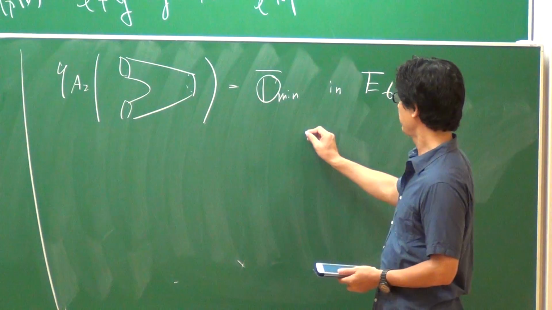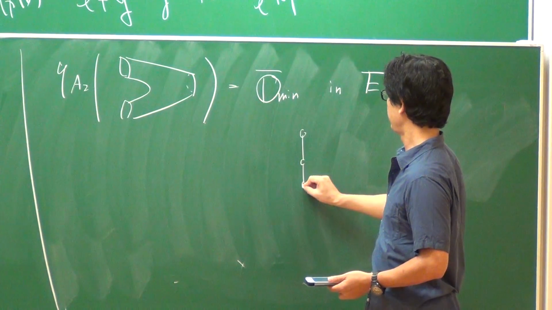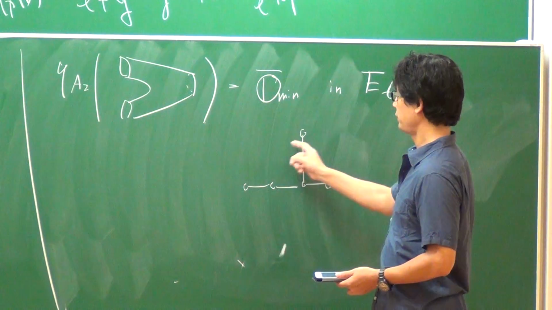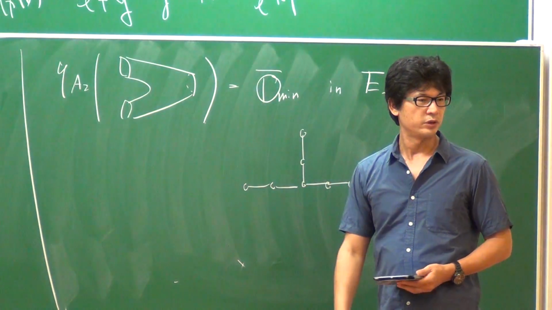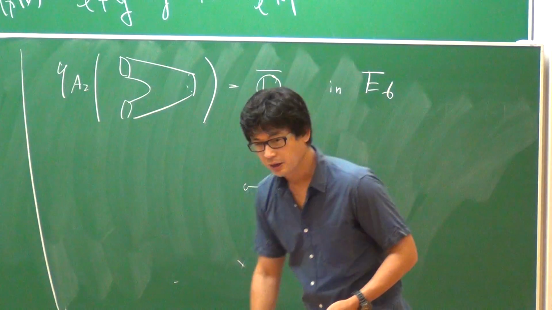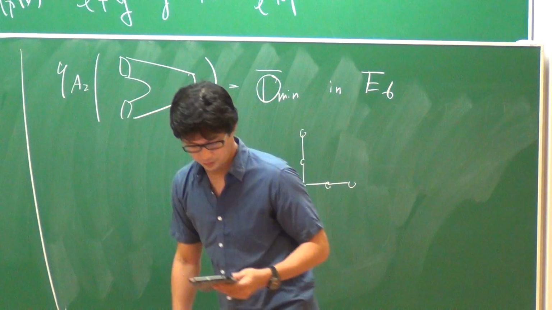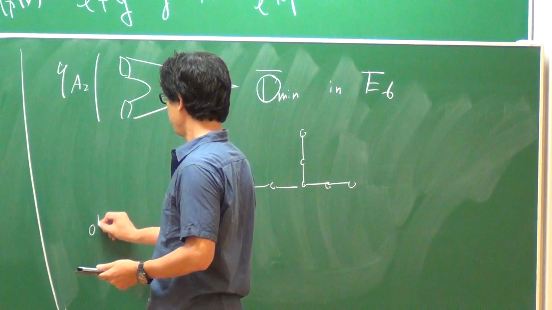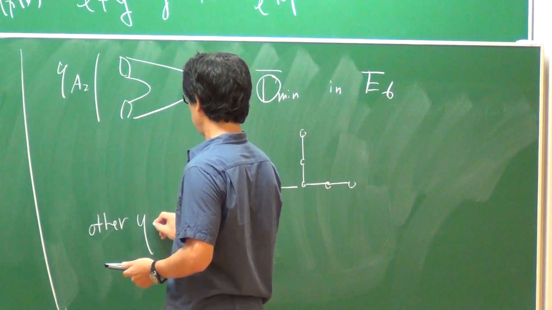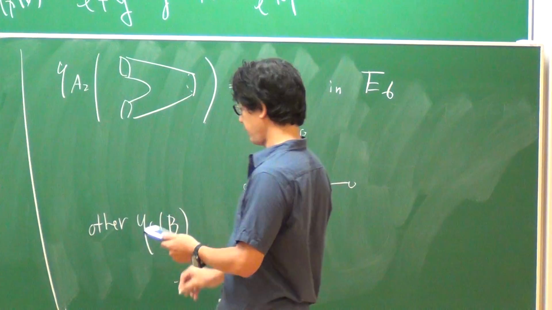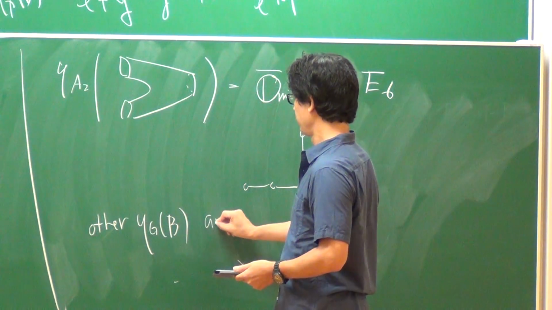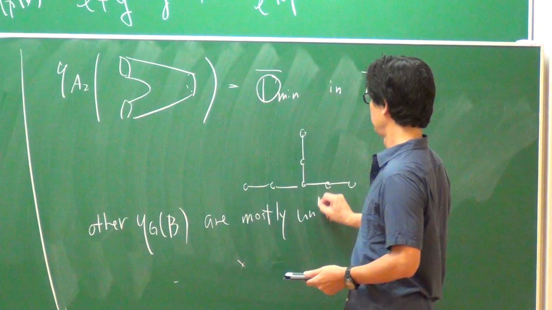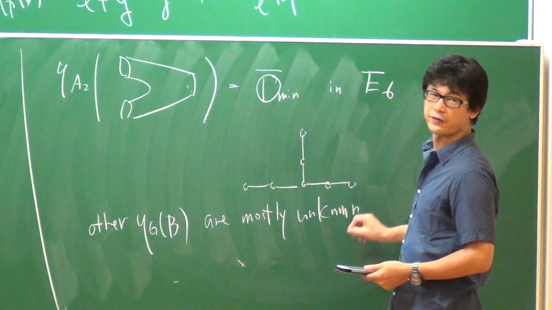Because if you write the affine Dynkin diagram corresponding to E6, you have three commuting actions of S3. But other symplectic varieties are mostly unknown. So we don't know what they are.